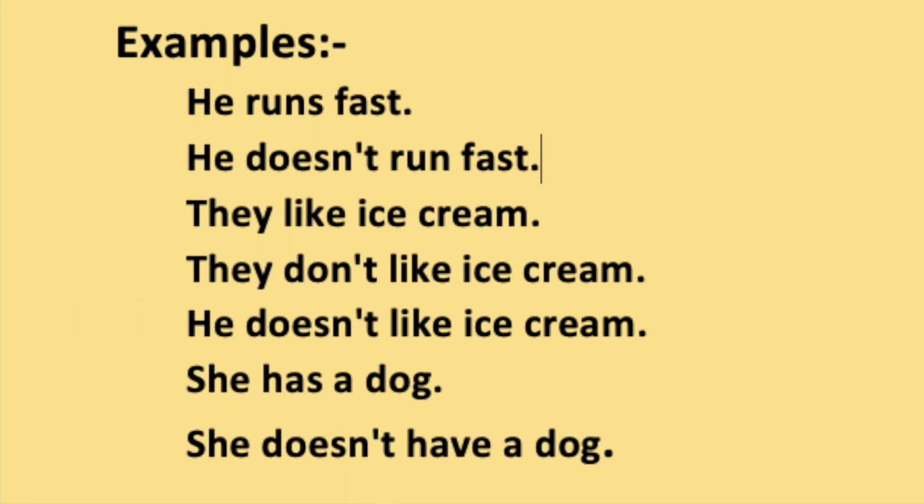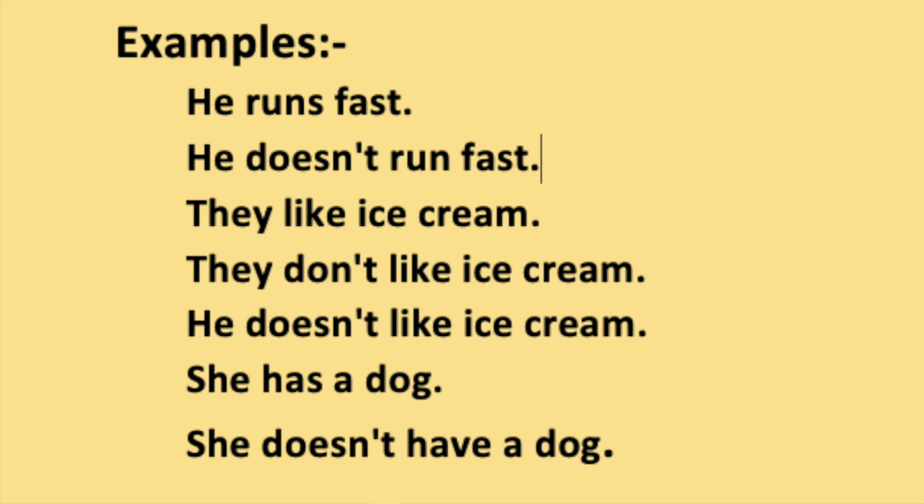So, subject is he. Then we should use what? Do or does. What do we use here? If the subject is singular, use does. If the subject is plural, use do. Here the subject is he and he is singular.